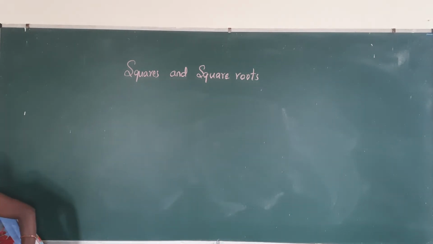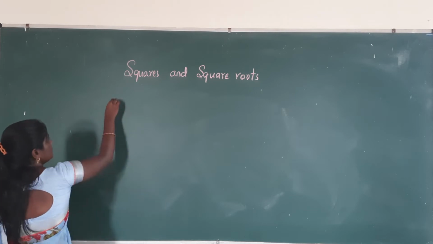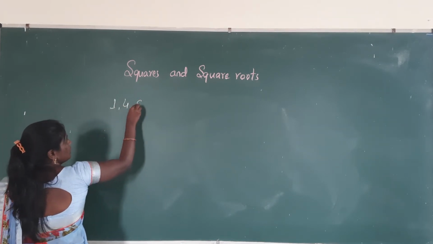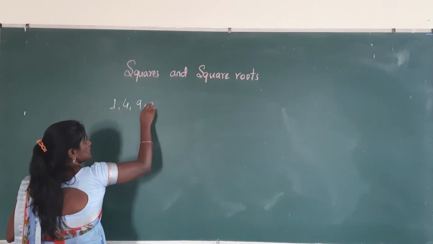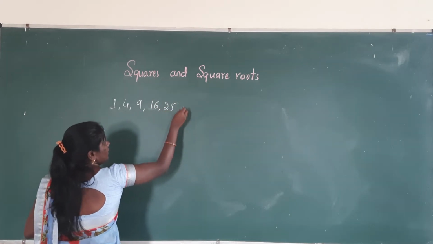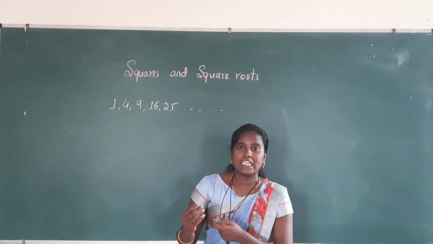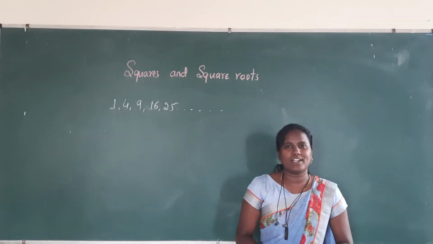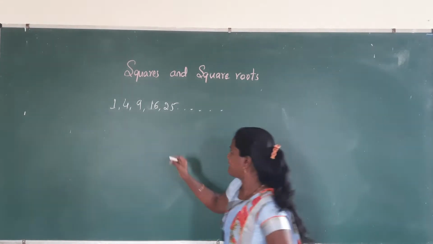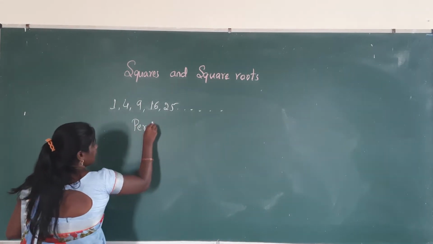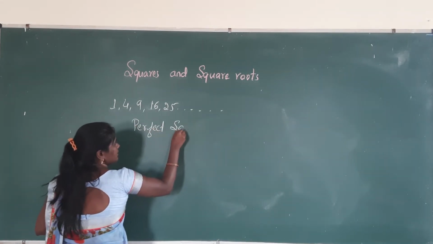We are considering 1, 4, 9, 16, 25 and so on. All these are called perfect squares.